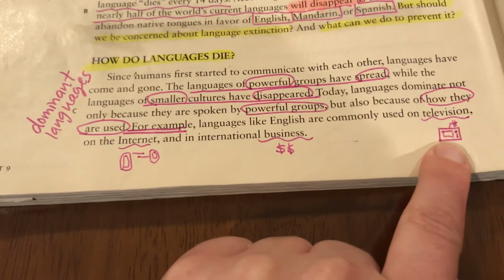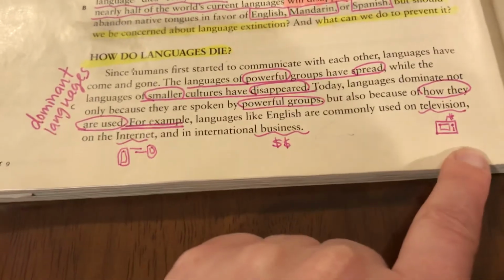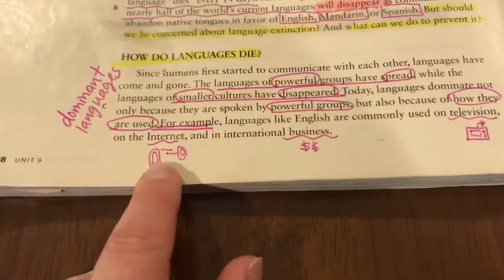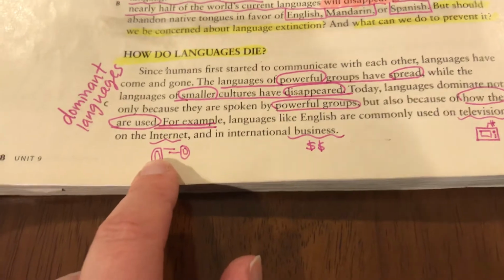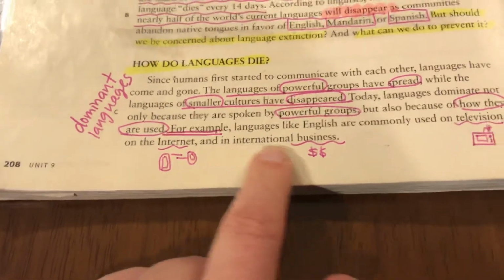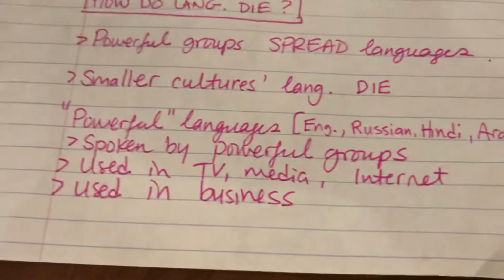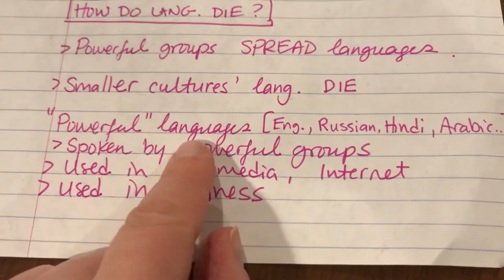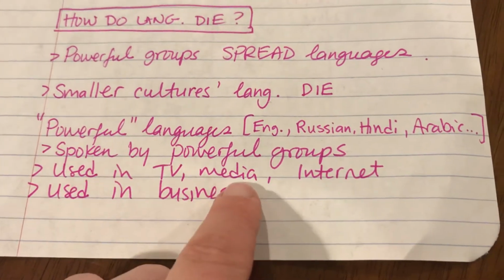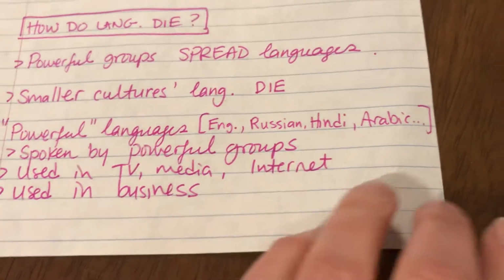So when I review this reading, it will help me remember these three things because pictures are easier to understand and remember sometimes. On television, on the internet, this is cell phones. Only I have to understand that because these are my notes. And international business. So I wrote that in my notes here. Powerful languages are spoken by powerful groups, used in TV, media, internet, and also used in business. Those are the main ideas.